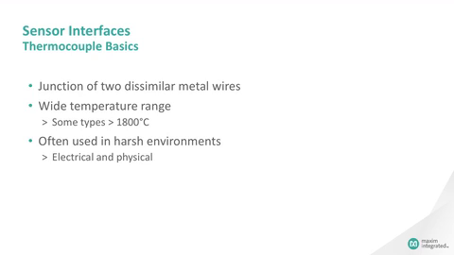Due to its simplicity of construction, thermocouples are very rugged and serve well in measuring temperatures in both physically and electrically harsh environments. However, implementing a practical measuring system based on thermocouples has its challenges, which you'll see on the next slide.